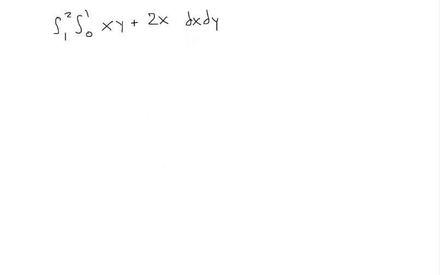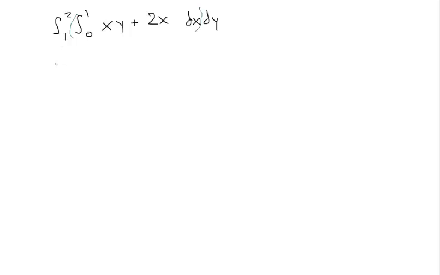In this example I have the integral from 1 to 2, the integral from 0 to 1 of xy plus 2x dx dy. In this one we're going to integrate with respect to x first. If you notice, the dx is first, so it's our inner integral, the opposite of the last example we saw.